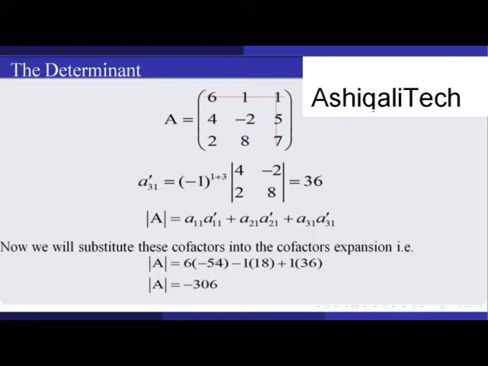Now we will substitute these cofactors in the cofactor expansion, that is, determinant of A is equal to A11 prime plus A21 prime plus A31 prime. Now putting all the values, determinant of A is equal to -306.